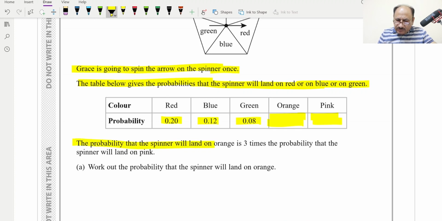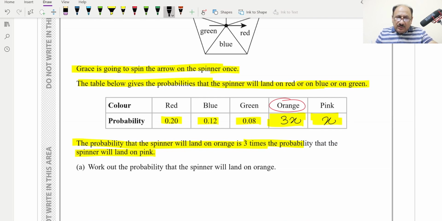The probability that the spinner will land on orange is 3 times the probability that it will land on pink. So orange is this one, 3 times. So if, for example, this is x, this will be 3x.